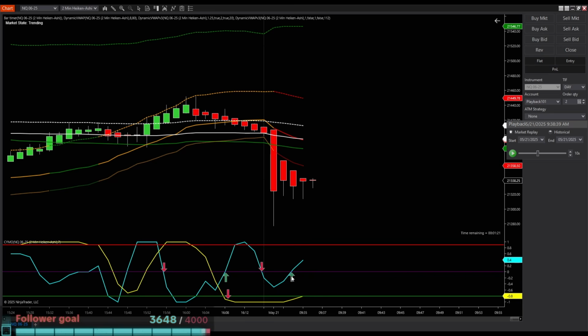So cycle number 2 ends and momentum is rising right here. Now, if cycles precede trends, what typically follows trends? Can someone put that in the comment box? Oh, come on. I know I've got some keyboard warriors out there. Exactly. Cycles. That's right.